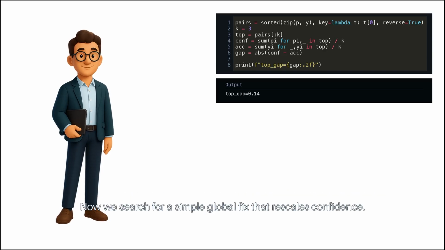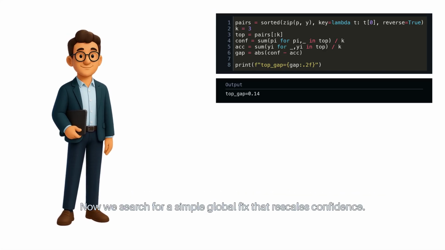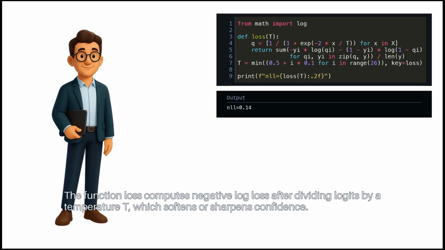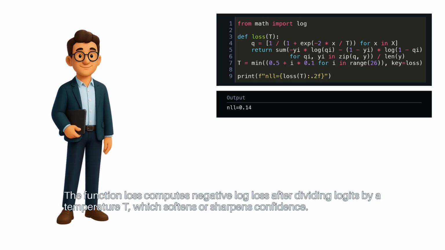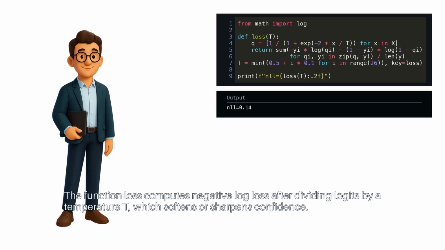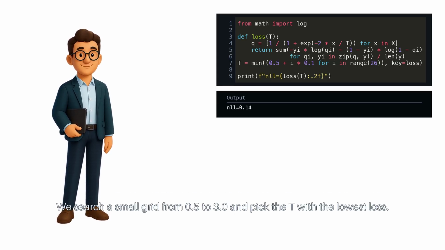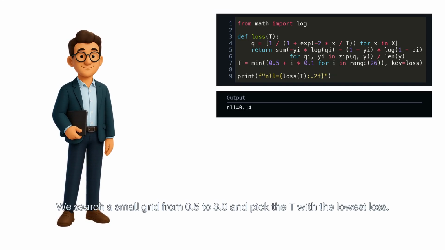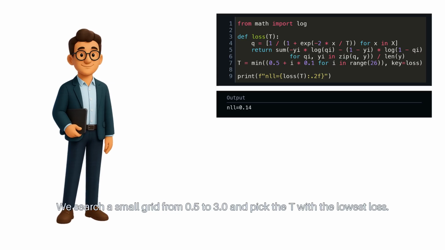Now we search for a simple global fix that rescales confidence. This snippet fits a temperature to calibrate probabilities by minimizing NLL. The function loss computes negative log loss after dividing logits by a temperature T, which softens or sharpens confidence. We search a small grid from 0.5 to 3.0 and pick the T with the lowest loss.